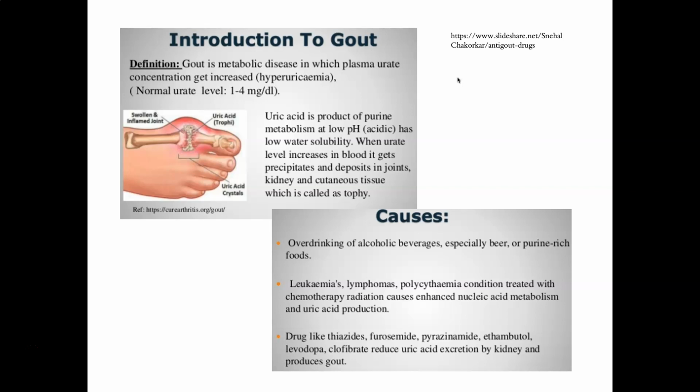It's caused by overdrinking of alcoholic beverages, especially beer, or purine-rich foods, and we'll talk about what those are in just a minute. It can also be caused by leukemias, lymphomas, polycythemia, those types of conditions that are treated with chemoradiation. And it can also be caused by some drugs, and it lists those for you down there.